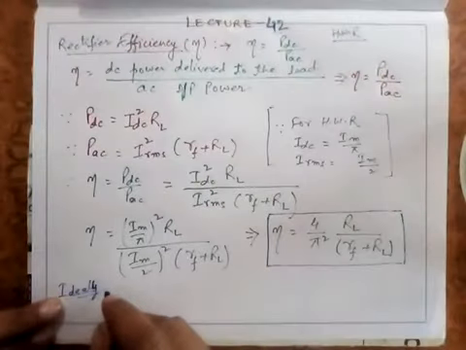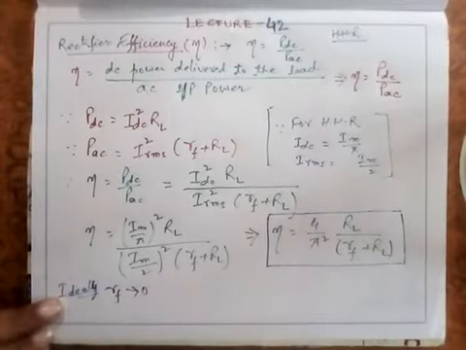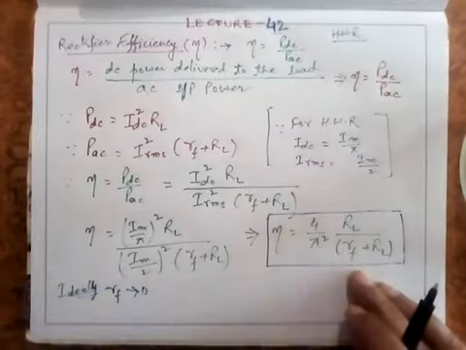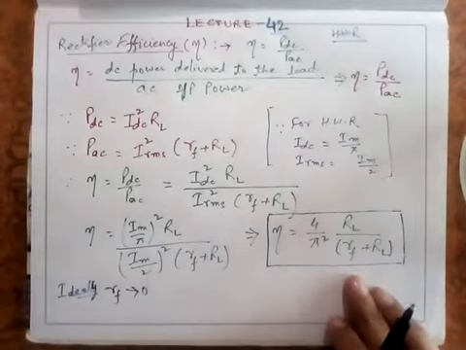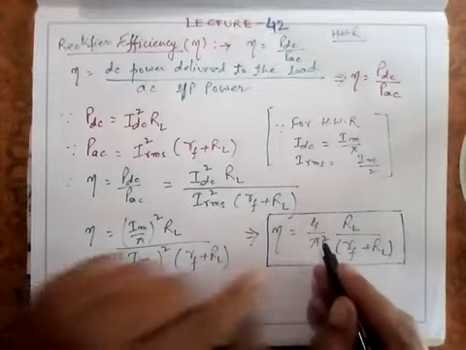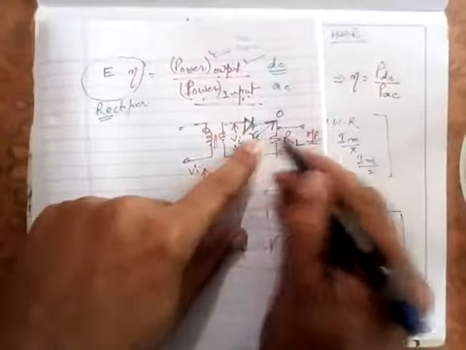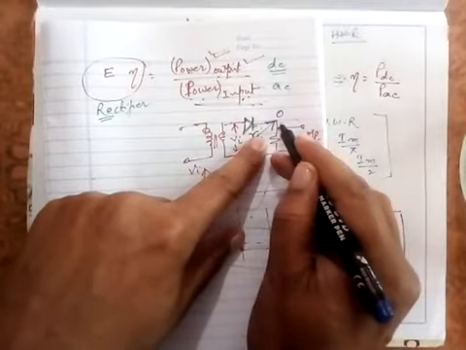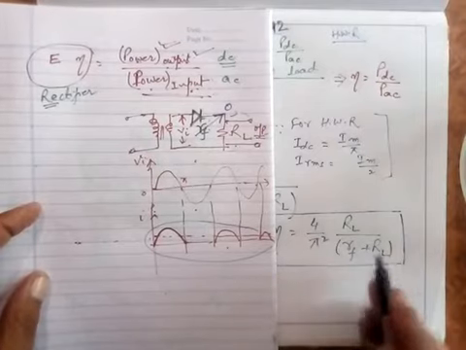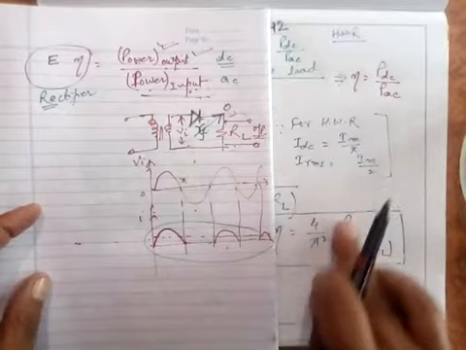So ideally this RF is tending to 0, or practically also RF is very much less than RL. When the diode used here is ideal, in that case the efficiency will be maximum. The efficiency depends upon this factor only. It is decreasing because of this factor only. So if this factor is 0, the efficiency will be maximum.